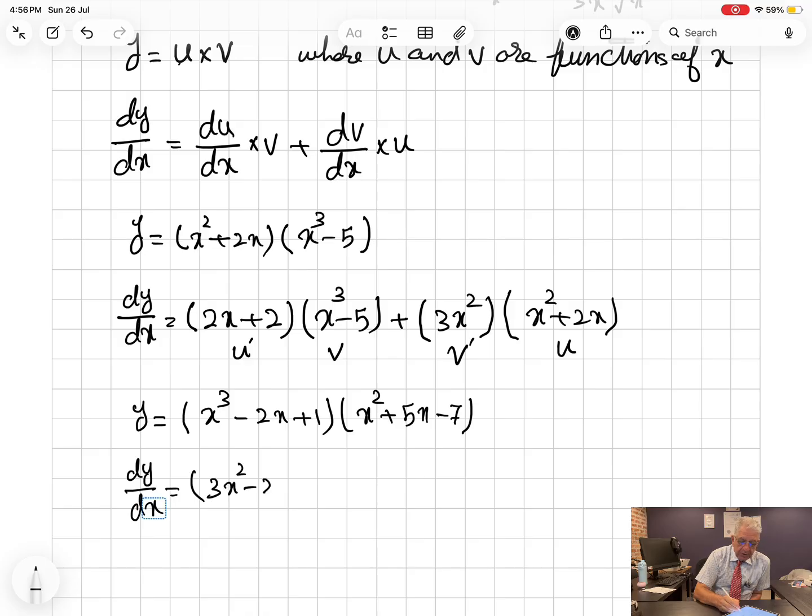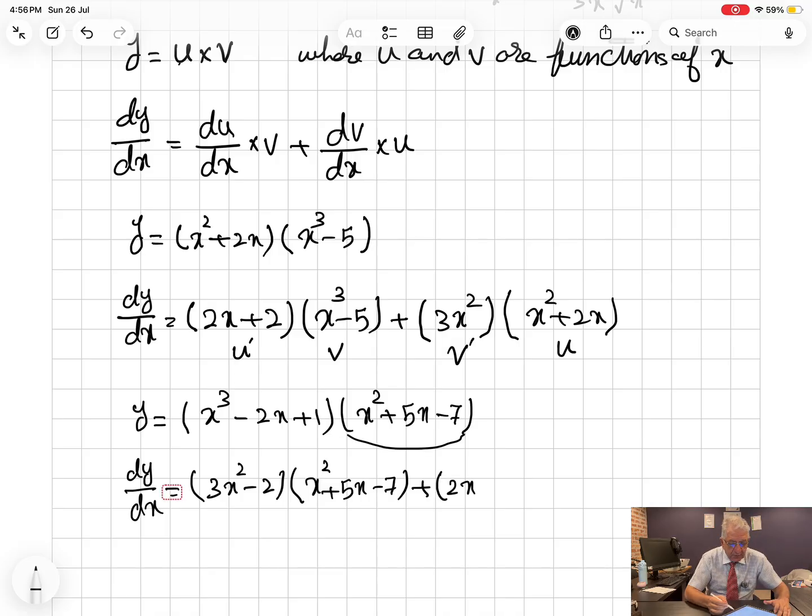Then just copy the next one, x squared plus 5x minus 7. Then plus differentiate the second one. Okay, then when I differentiate that one, I'm going to get 2x plus 5 times the first one, x cubed minus 2x plus 1. Now this is derivative of that function.